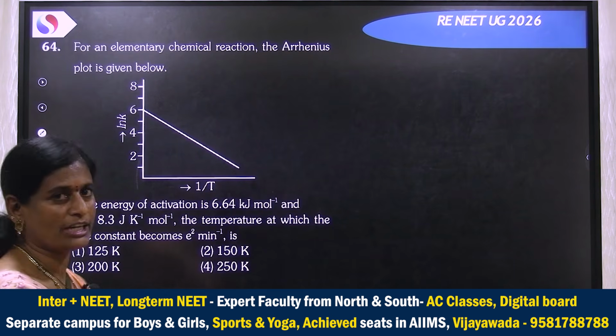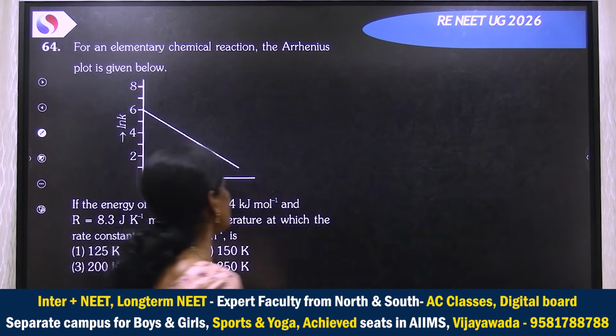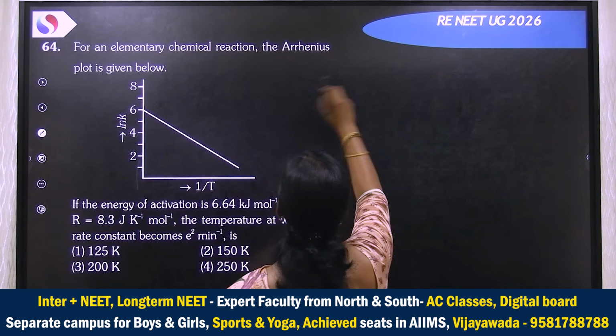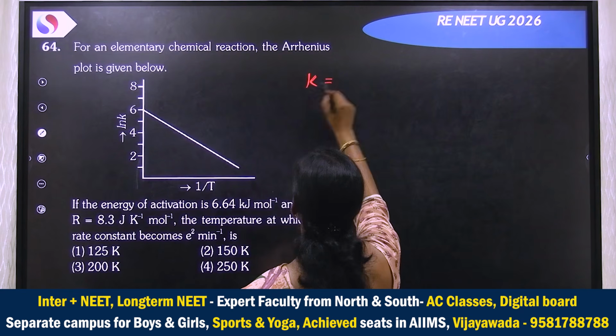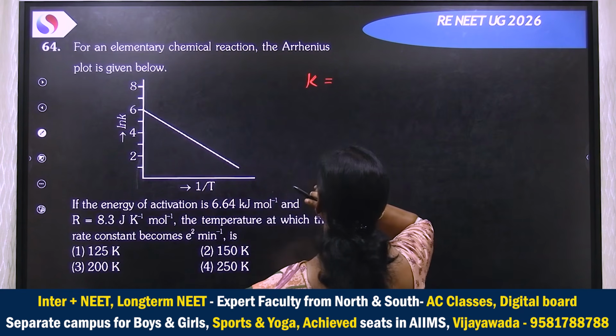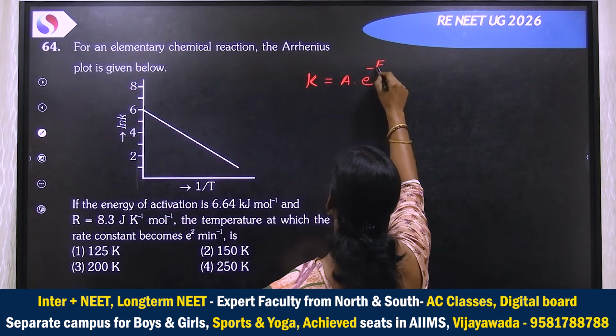So it is from chemical kinetics, from the Arrhenius equation. What is the Arrhenius equation? It tells how the rate constant varies with temperature: k equals A into e power minus Ea by RT.